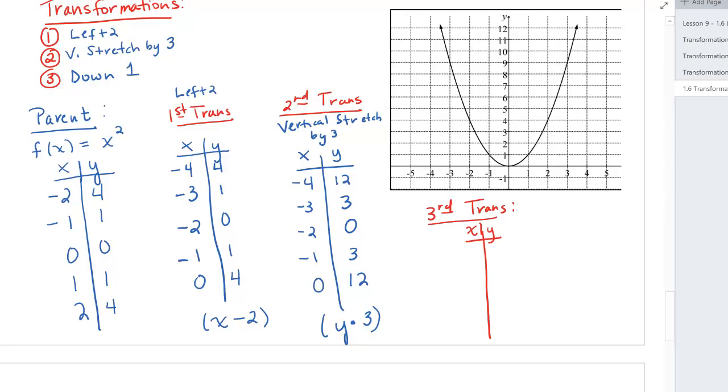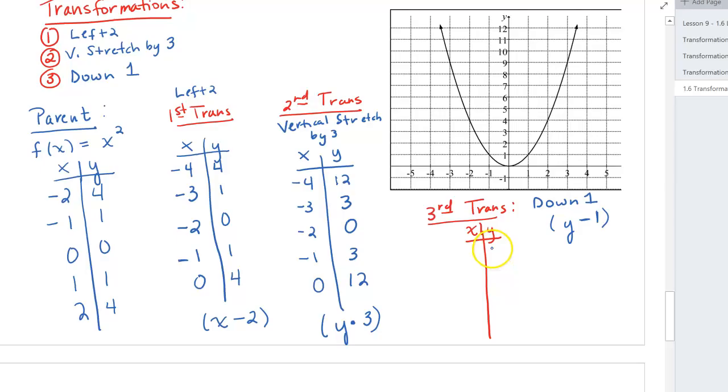And finally, my last transformation is a shift down 1, which means I'm going to take all of my y values, because down is a y direction, and I'm going to subtract 1. So I'm going to leave this column blank, so I don't mistakenly subtract 1 from these values. And I'm going to subtract 1 from this column.